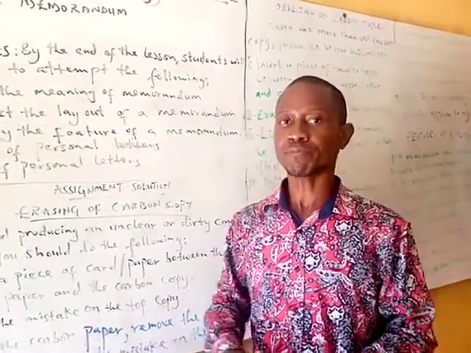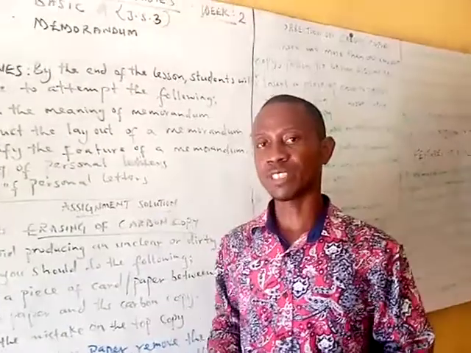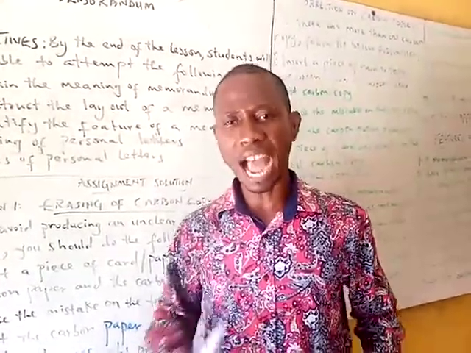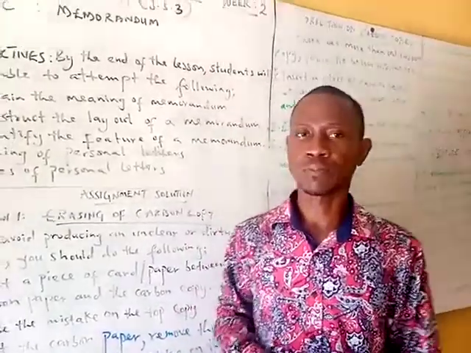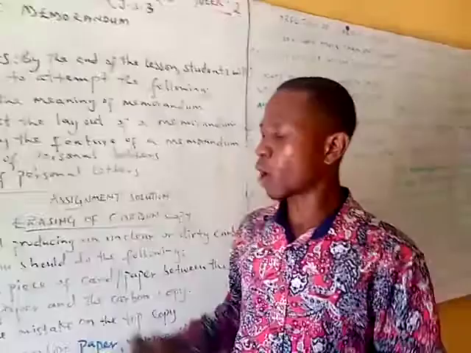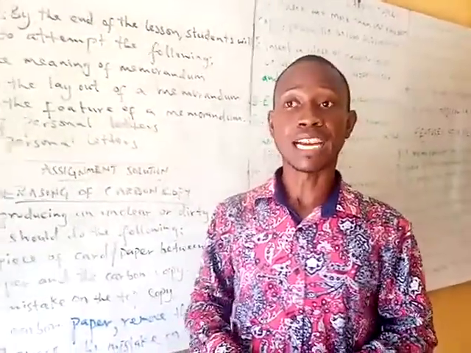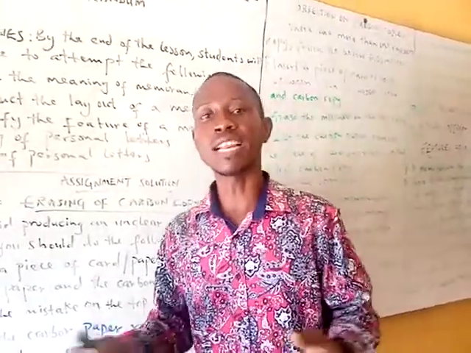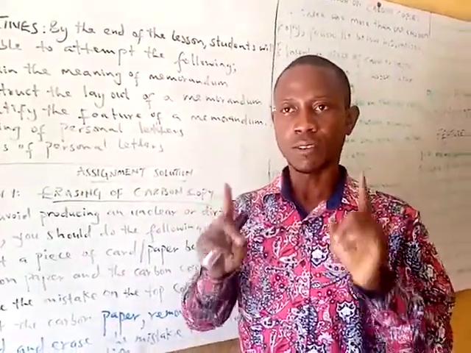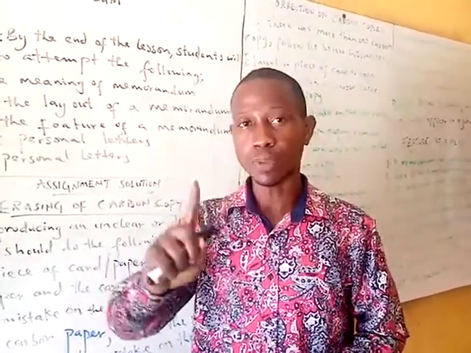So I believe you still have that in mind, but you can refer to the last video to refresh your memory. So as an assignment, we were asked in that class to explain how we erase on a carbon copy, and secondly, how we erase on carbon copies. 2 different things. 1, erasing on a carbon copy, where it is just one copy.